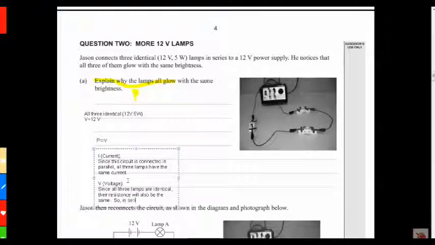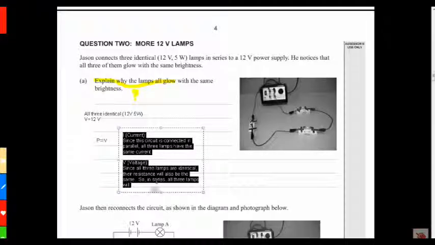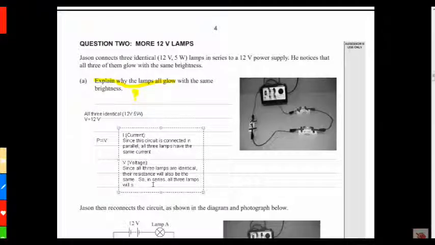So in series, all 3 lamps will share the 12 volt supply and measure the same voltage across each lamp.